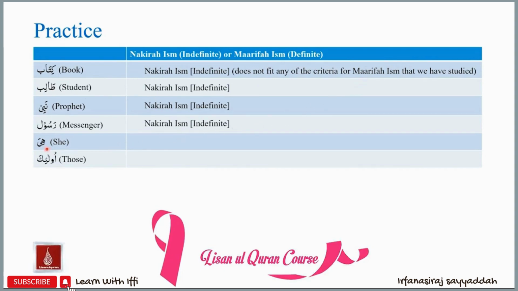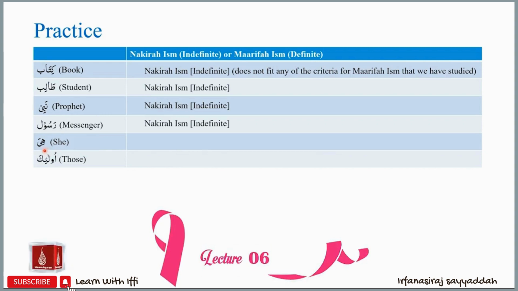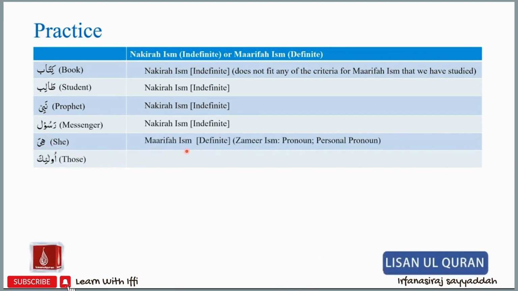The next word that we have is hiya, which means she. Hiya is an example of a personal pronoun. And we know that zamir or pronouns are considered marfa. So the word hiya is an example of a definite ism.